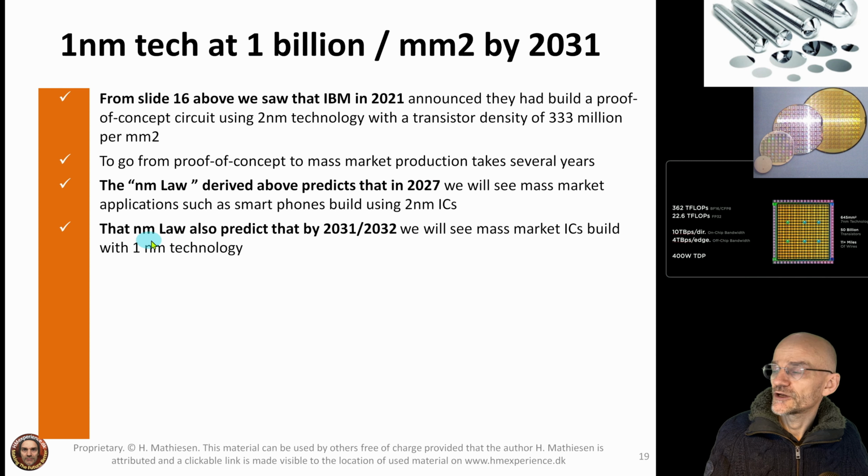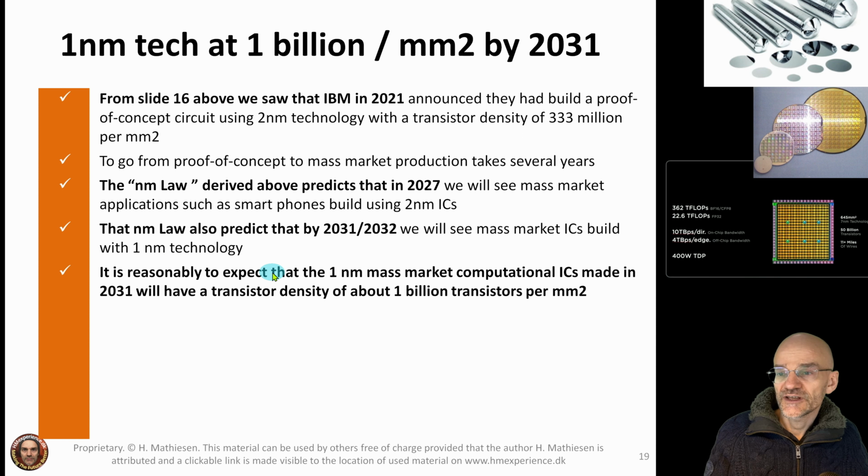That nanometer law also predicts that by 2031 we will see mass market ICs built on 1 nanometer technology. It's actually reasonable to expect that 1 nanometer mass market computational ICs made in 2031 will have a transistor density of about 1 billion transistors per square millimeter.